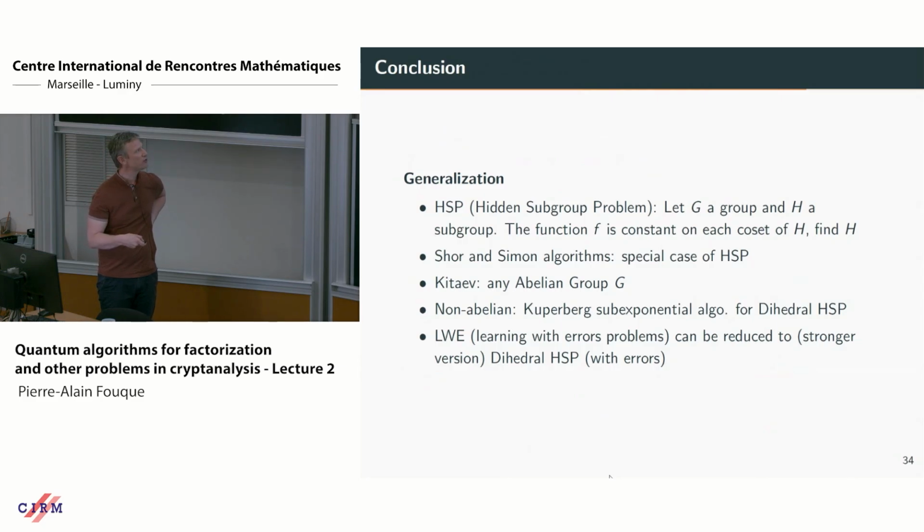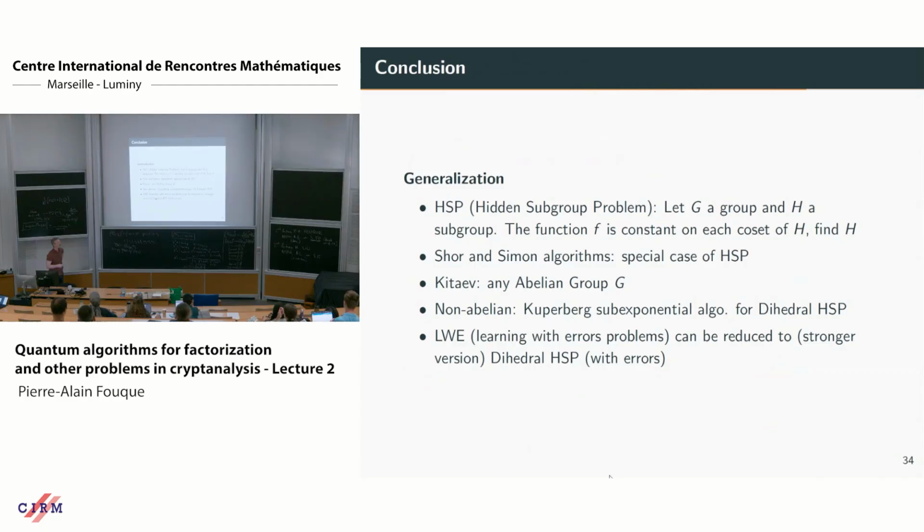It is possible to reduce the resolution of this problem to not exactly the dihedral HSP problem, because otherwise we would have a sub-exponential algorithm to solve LWE. It is a stronger version of the dihedral problem, because for the dihedral problem you don't have too many errors. For this stronger version, we don't know of a noiseless version of Kuperberg's algorithm to solve it.